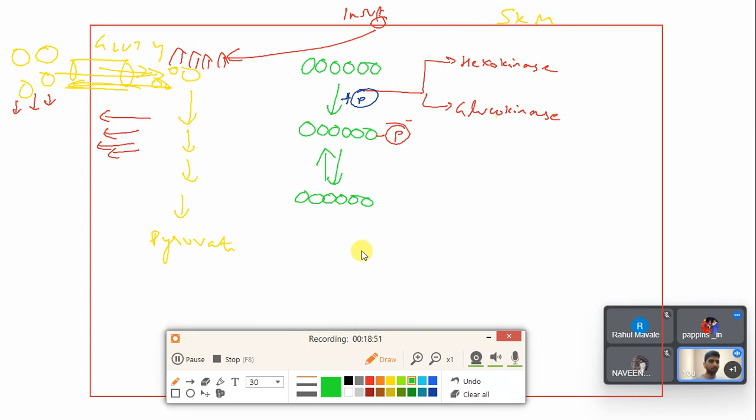Yesterday we learned that when we digest complex carbohydrates, three monomers arise: glucose, fructose, and galactose. Right. Now tell me, these two enzymes act on which substrate?